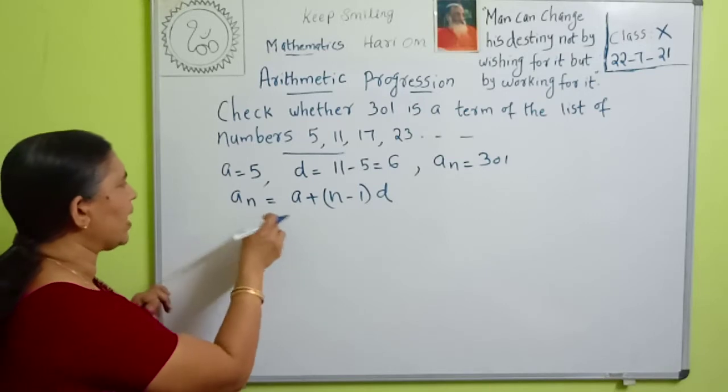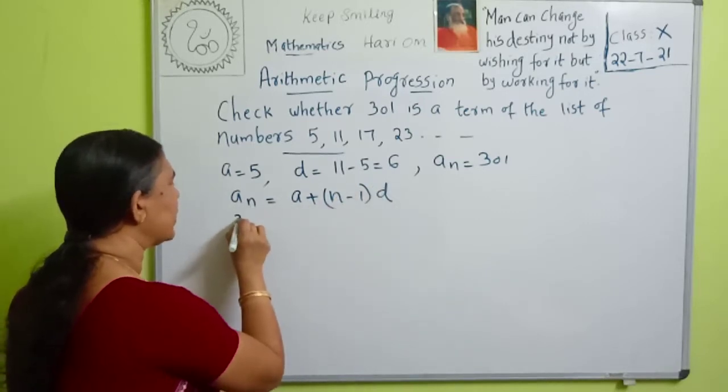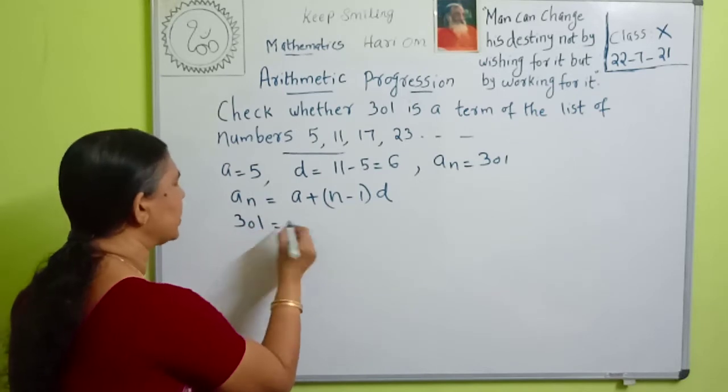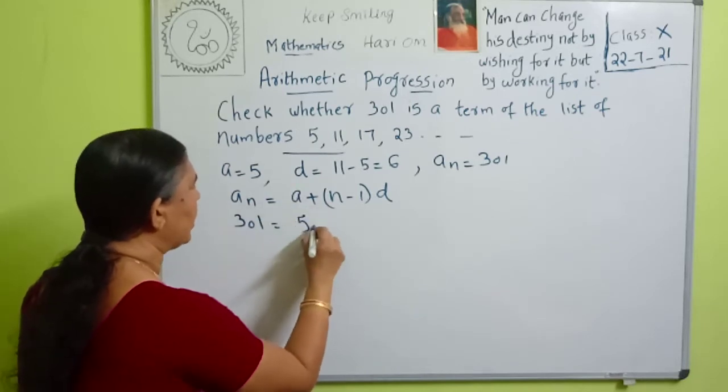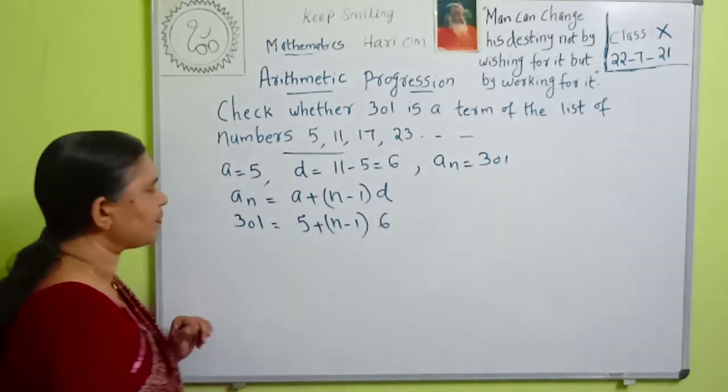We can substitute the values here. The nth term of the AP, 301, is equal to 5 plus n minus 1 into 6.